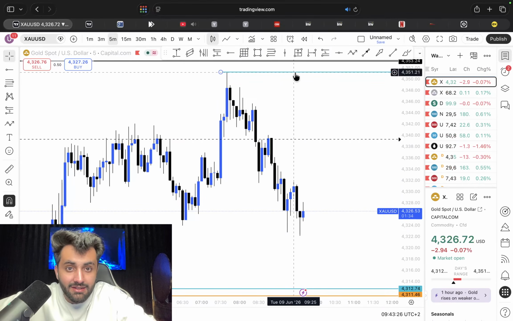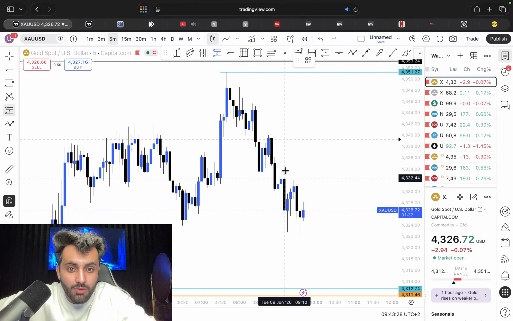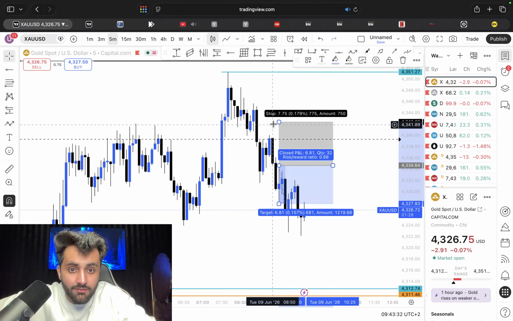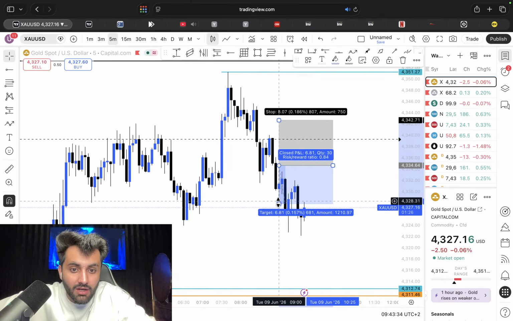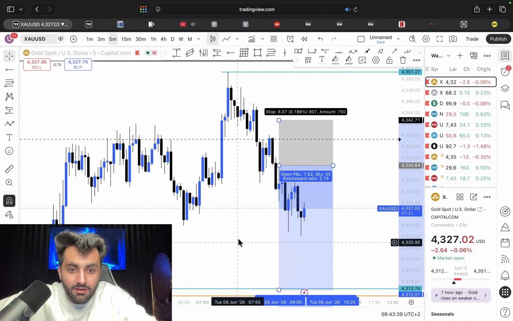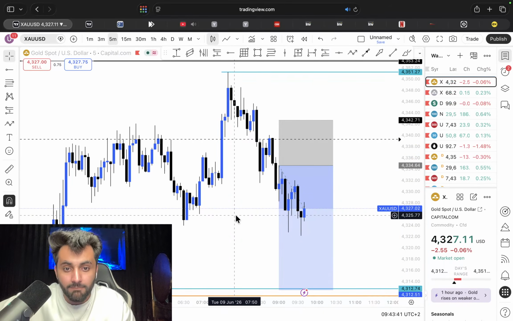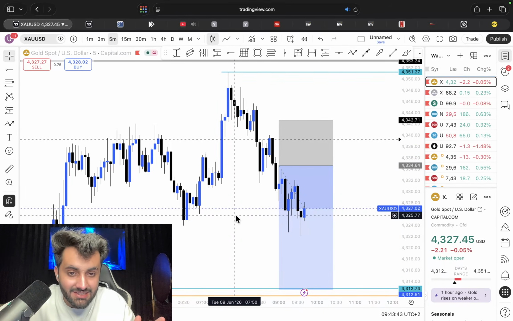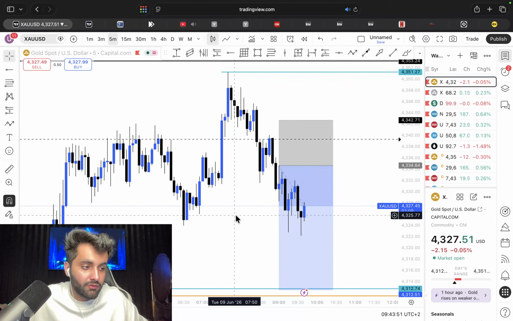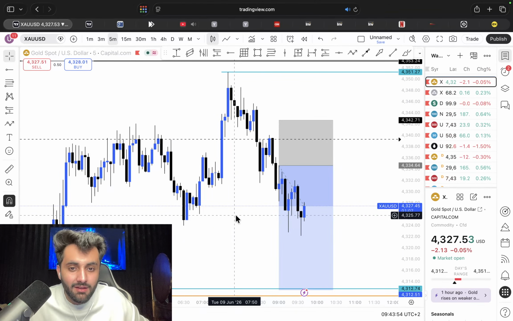I did see a sell off 5 minutes into market open. If my bias was even more clear today, we would have taken the sell right here, stop loss right here, and we would have targeted here for TP1, here for TP2, and here for TP3. Would have hit 2 TPs so far, but I didn't send it because the bias is favoring both sides. So we have to be careful, and that's why I need an A+ setup in order for me to enter, whether it's a buy or it's a sell.